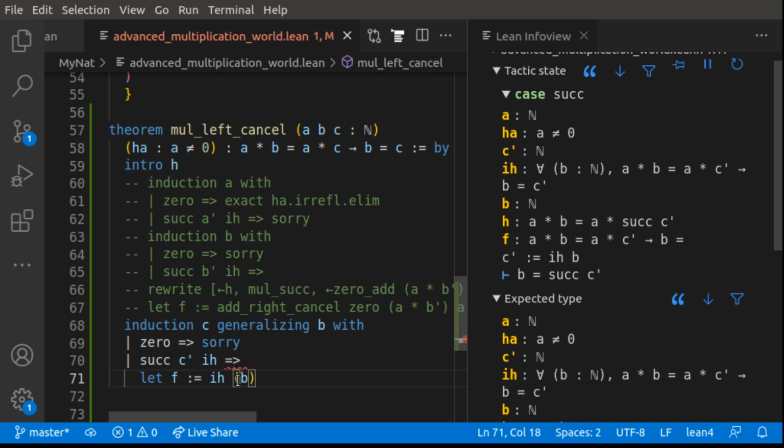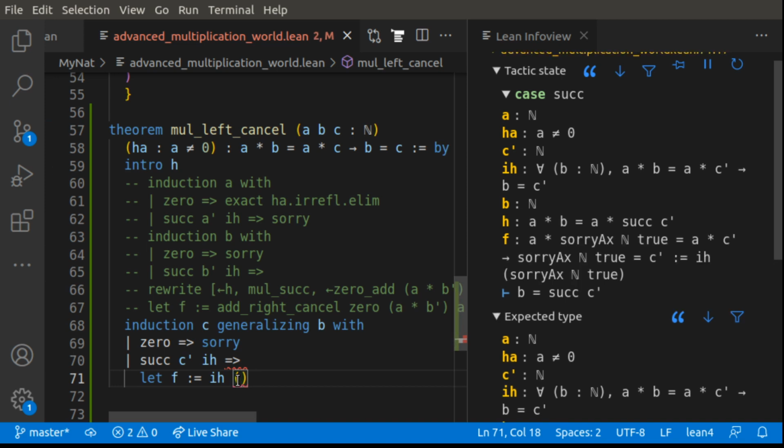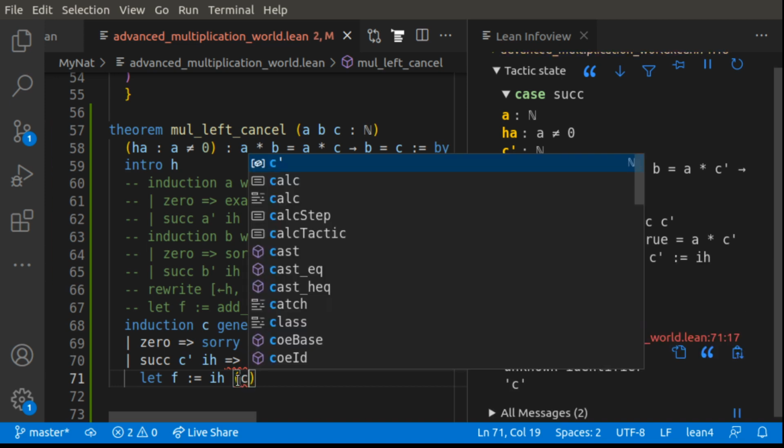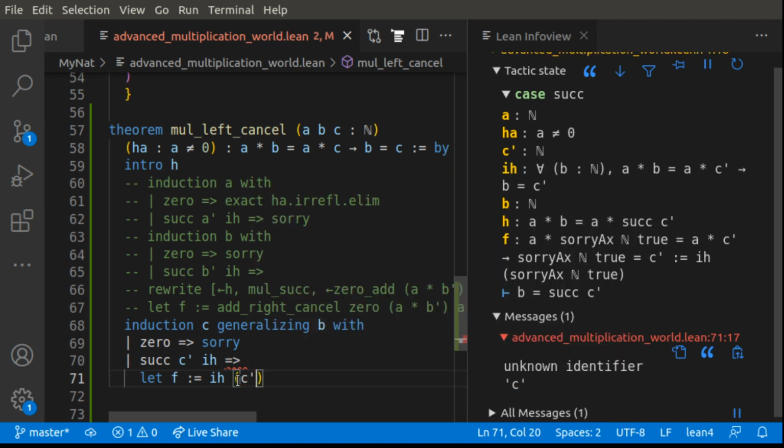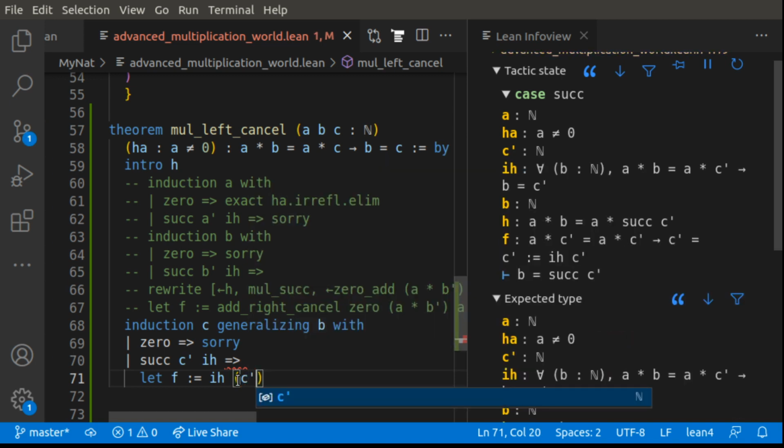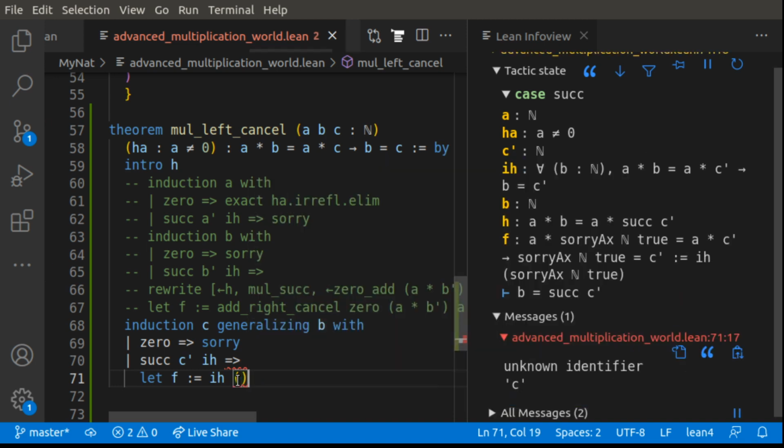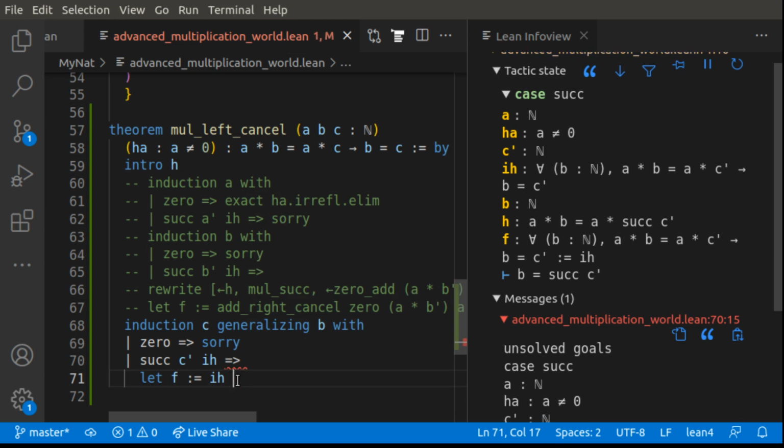We kind of want to have the predecessor of B or something in this case. How about we pass in C prime? Let's just trivially. Okay, we need to use our inductive hypothesis somehow, and we'll figure out how to use it.